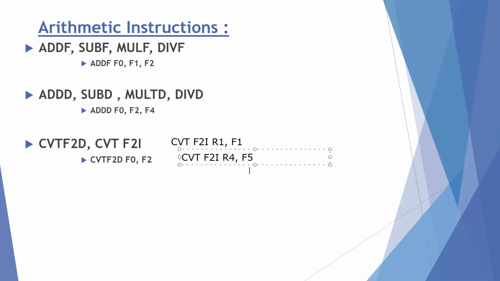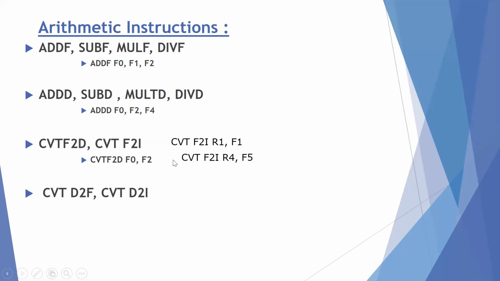Sayam, unmute yourself and speak up. What will this instruction do? Ma'am, it will convert the floating point to an integer one. Very good. We have floating in F5 and it will return an integer to R4. Very good. Moving on. I'll not spend more time on this.